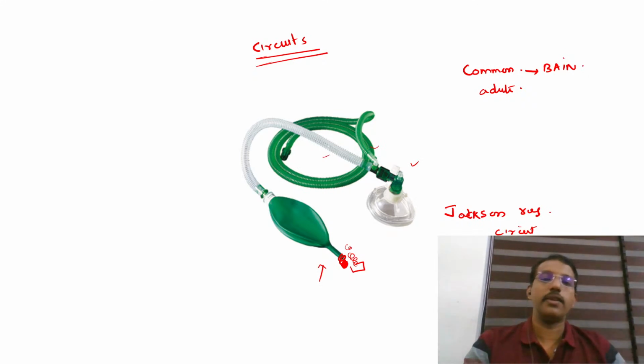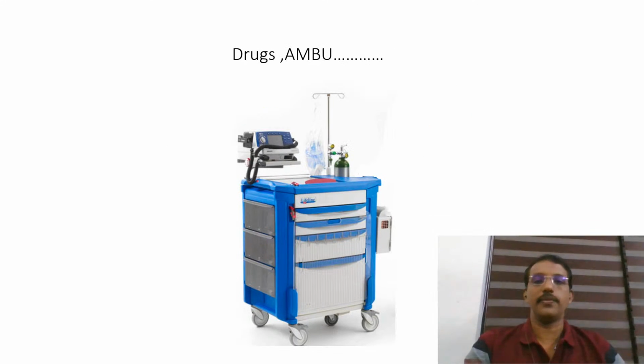None of the areas have a valve. So that is how you can easily identify that circuit. Now Mapleson F is a modification of the T-piece. The T-piece is modified by keeping a reservoir bag to become a Mapleson F circuit. That is what it is called, Jackson-Rees.